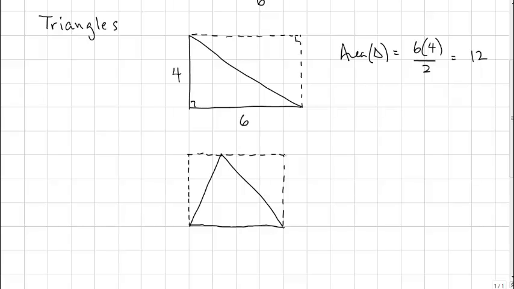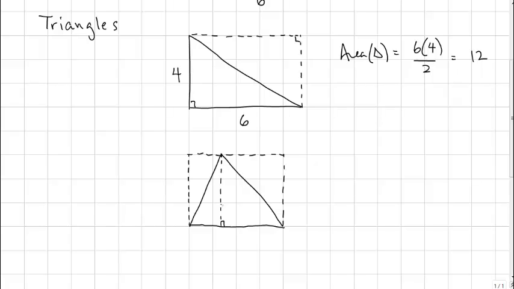So now we've got a bounding rectangle, and if we add one other little dotted line here, you can see that you've broken this triangle into 2 right triangles, and each of the right triangles, as we've seen in the previous example, can be thought of as half of a rectangle. And so by the same token, the entire triangle here is just half of the bounding rectangle.